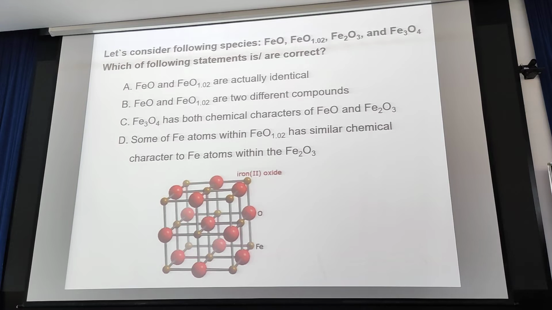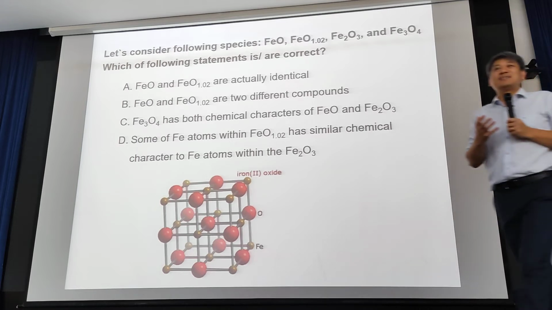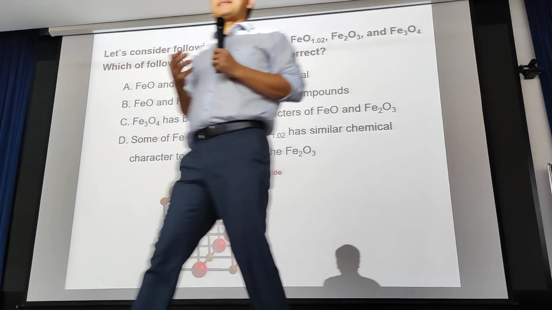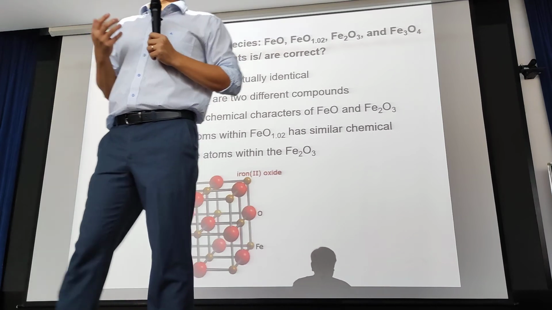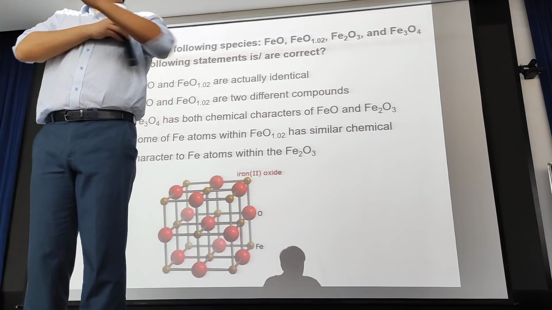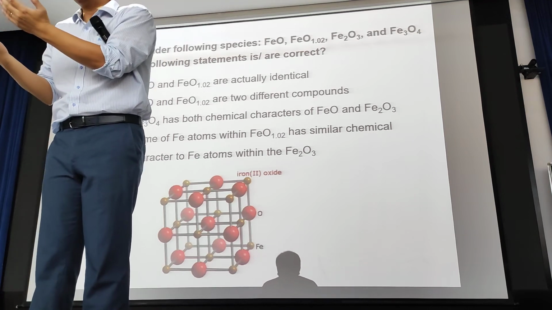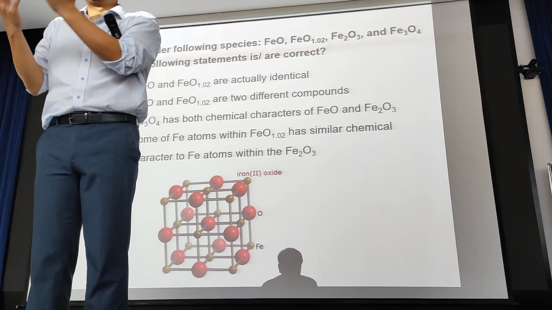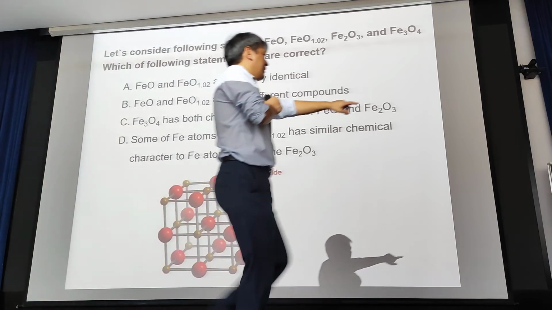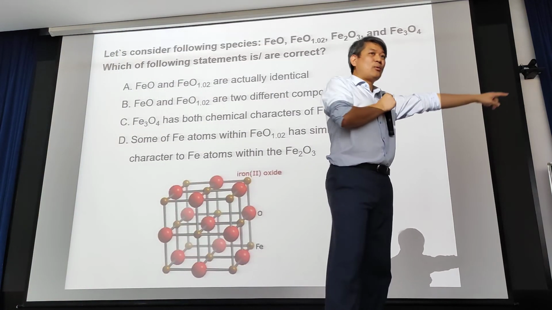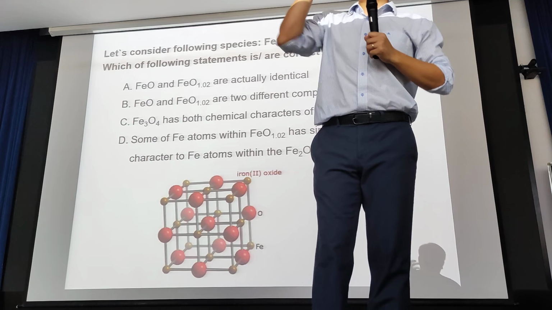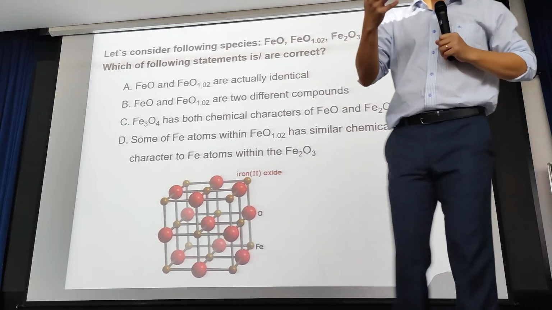Okay? So the solution is that some iron should have a higher oxidation state, which is iron 3, to balance the negative and positive charge. So that's why in Fe1.02O, you have some iron in the 3 plus oxidation state.